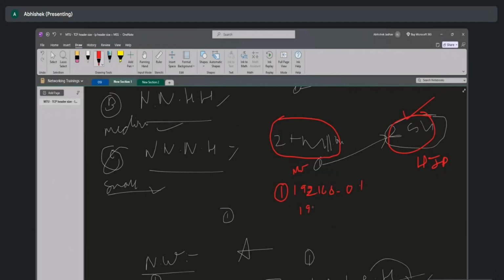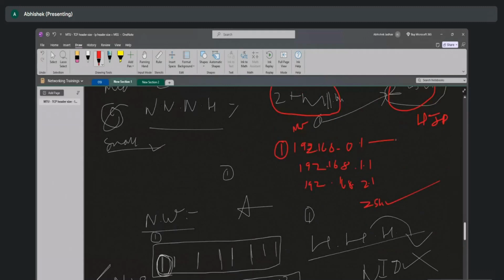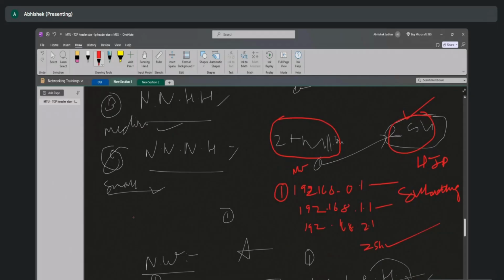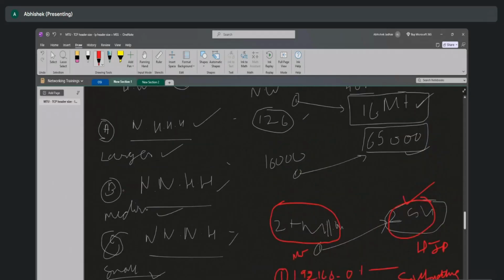How will those host IPs be visible to you? 192.168.1.1, then 192.168.2.1, and so on until 254. You will have overall 254 IPs there, right? So a network within a network is called subnetting. Simple. And we will be calculating this based on two or three examples in each class of IPs.